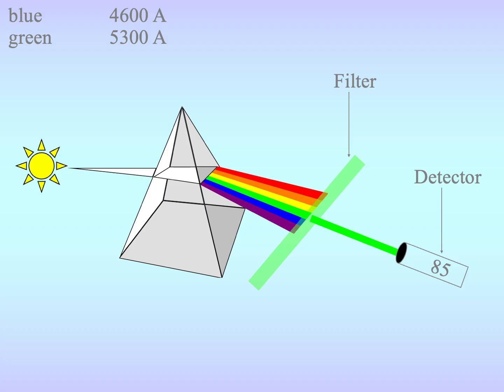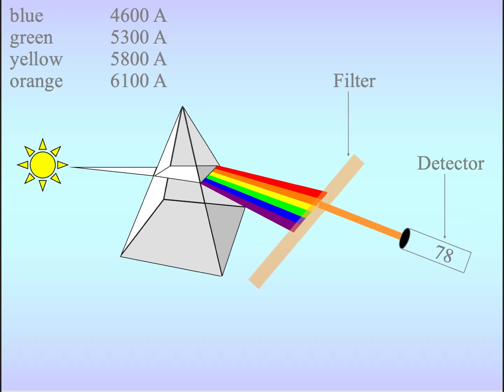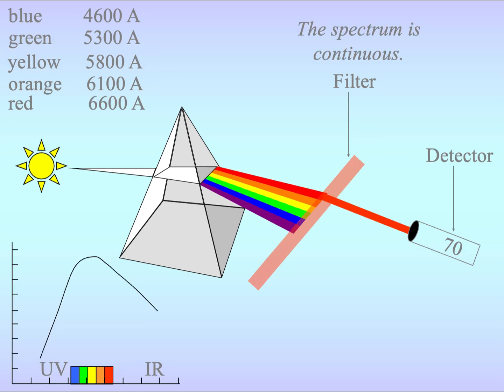Green light has a longer wavelength than blue. Yellow is longer than green. Orange is longer than yellow. And red is the longest of all the colors. Notice that infrared falls after the red. Infrared means almost red.